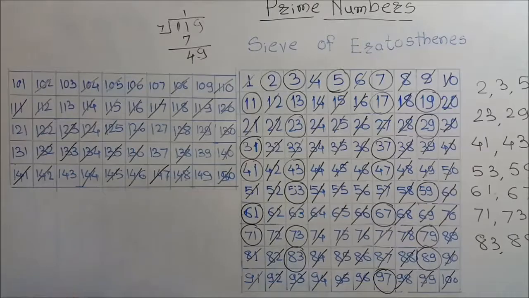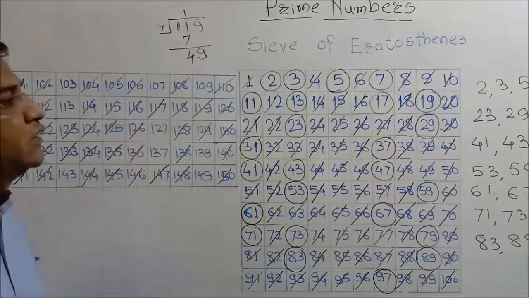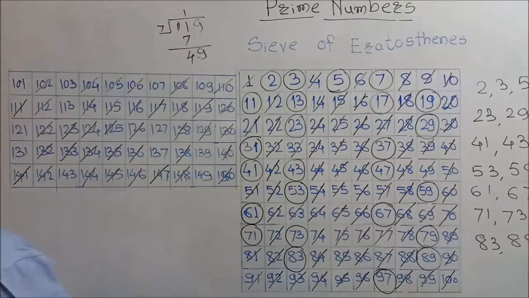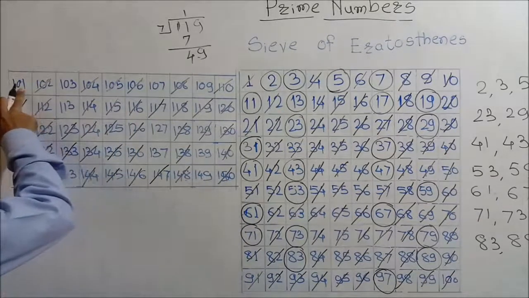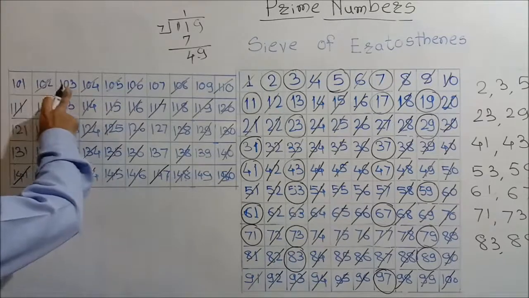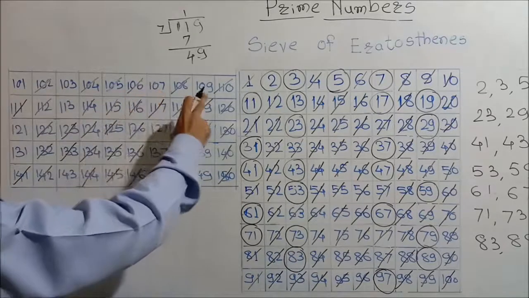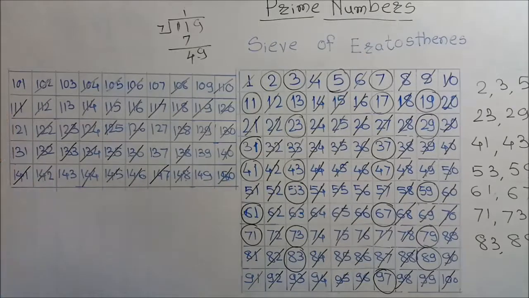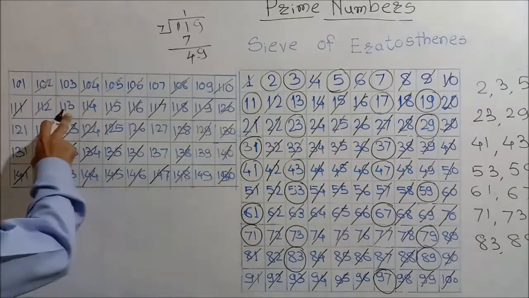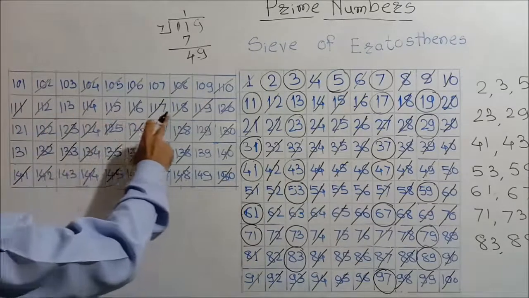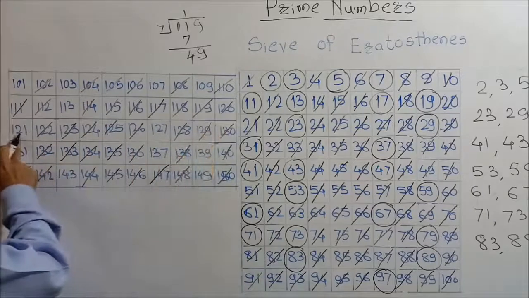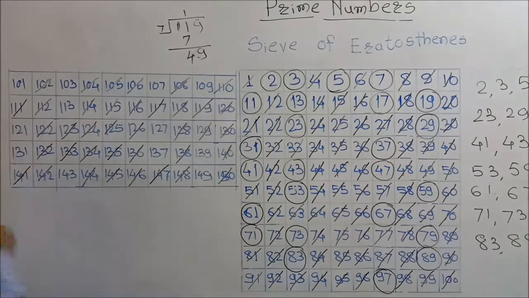Now we will try to find out any number which can be divided by 11. We will try for this. No, this is not divisible by 11. This is also not divisible by 11. Whether this is divisible by 11? No. Any other number that is remaining? Yes, 121.